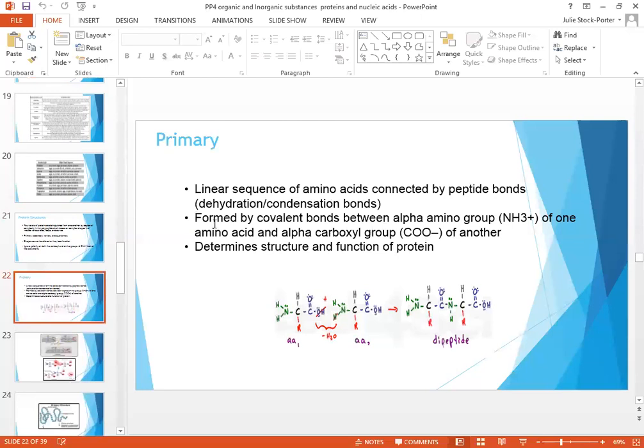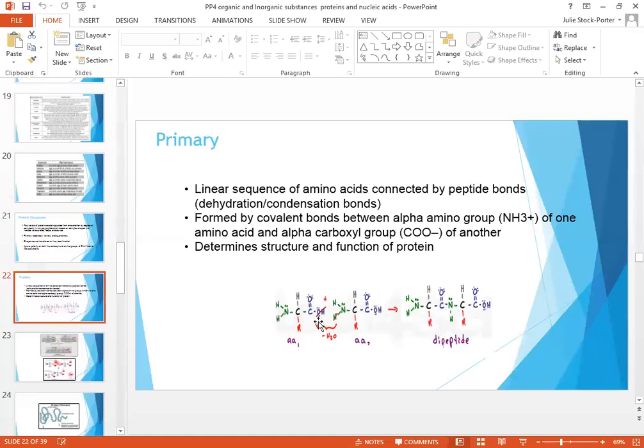Here we have formed by a covalent bond between the alpha amine group, and here's our amine group right here, right? And here's an amino acid, here's an amino acid. So the amine group of this amino acid is going to form a peptide bond with the carboxyl group of this amino acid.